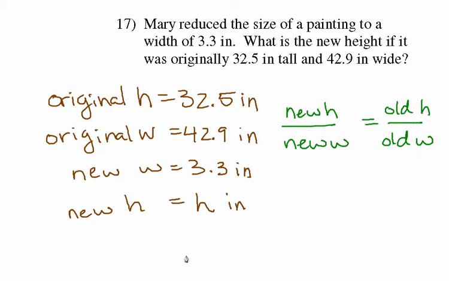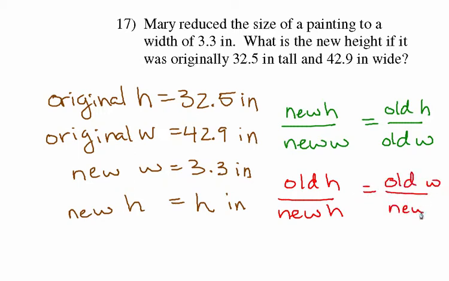Another way we could set this up is old height over new height equals old width over new width. As long as height and height correspond and new and old correspond in the same direction, you're fine.